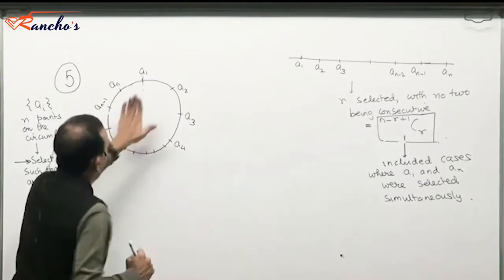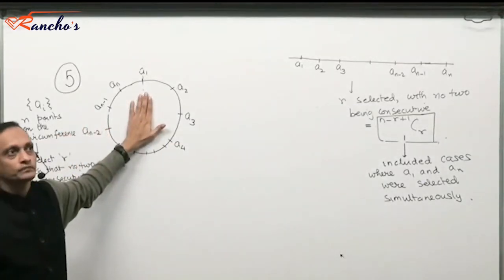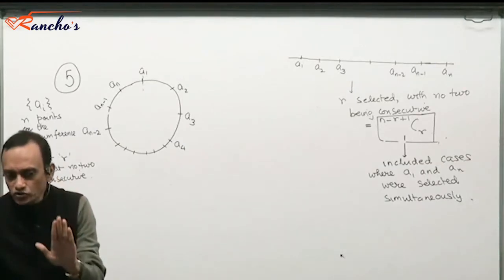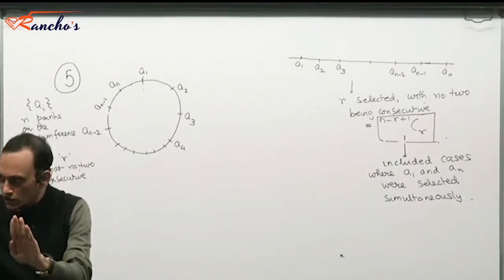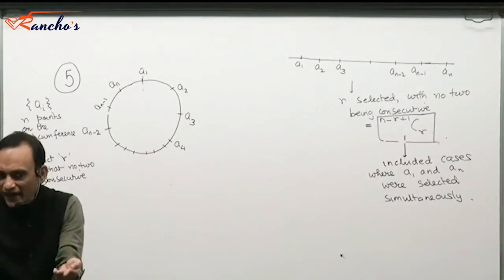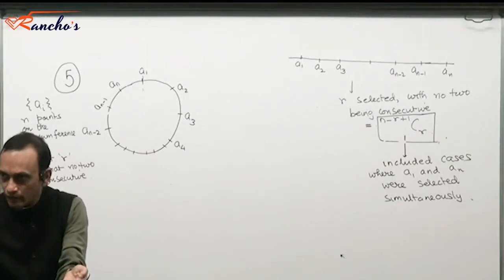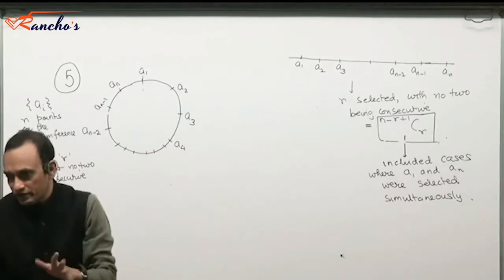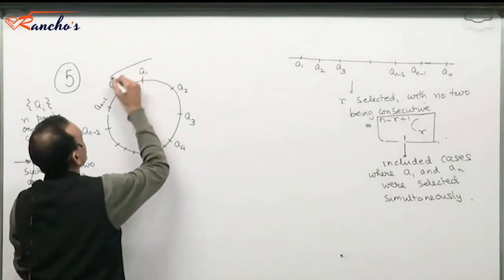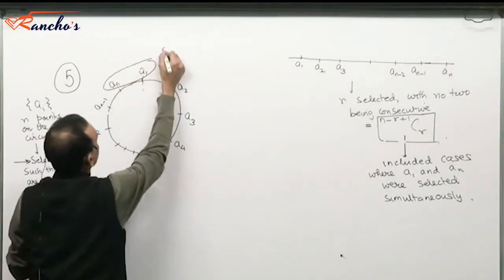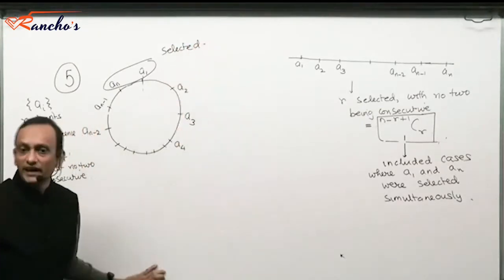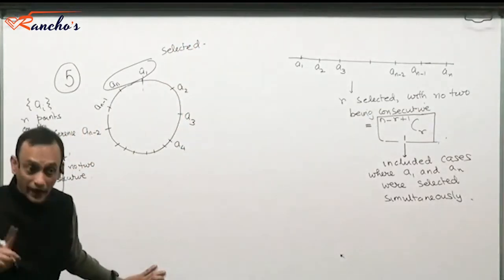So, I'll go back to the circle and I'll carry out a count of selection of R things where A1 and AN have been selected together, but no other two are consecutive. Right? A1 and AN are selected. Let me do a count in which A1 and AN are selected, right?